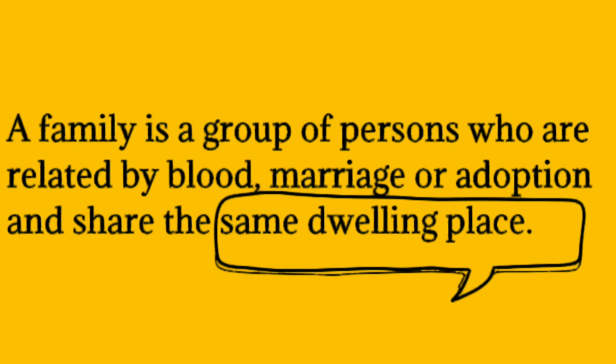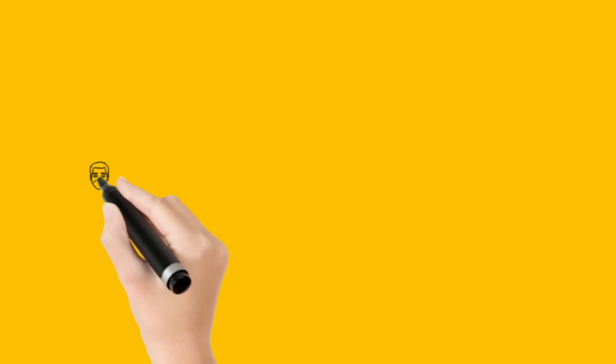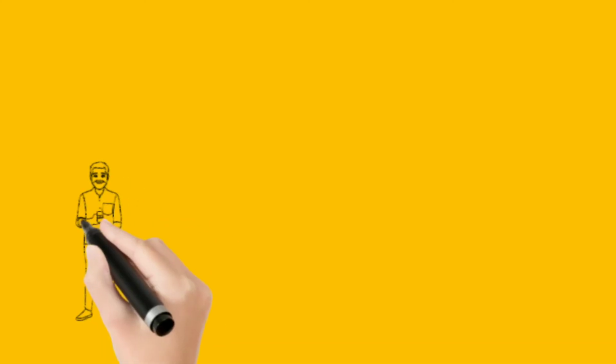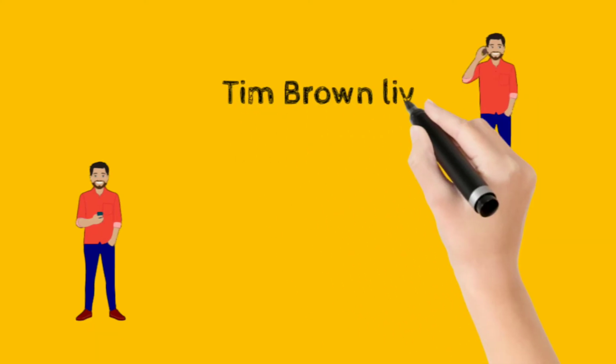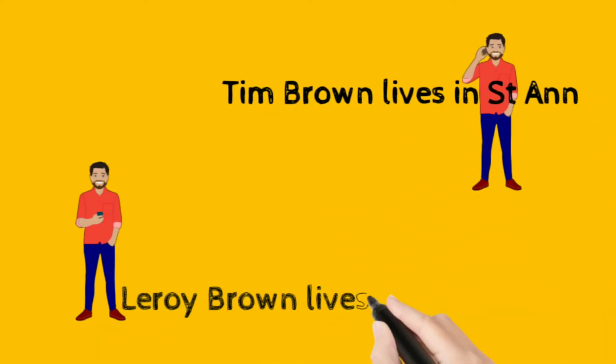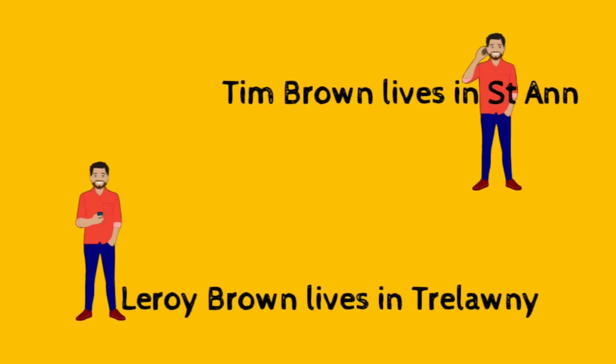Now, the latter part of that definition is one that usually raises a lot of questions because students are constantly asking, what about the persons that I don't live with? For example, I have a sister that lives in Clarendon, right? Isn't she my family, even though she obviously does not live in my household? What about my brother in St. Anne? Isn't he my family?